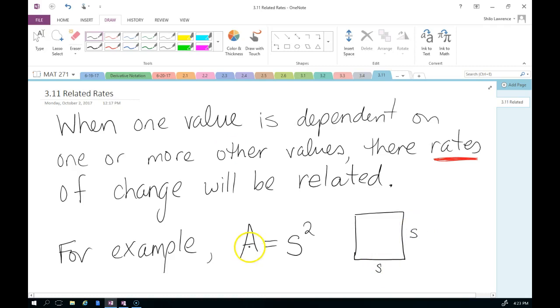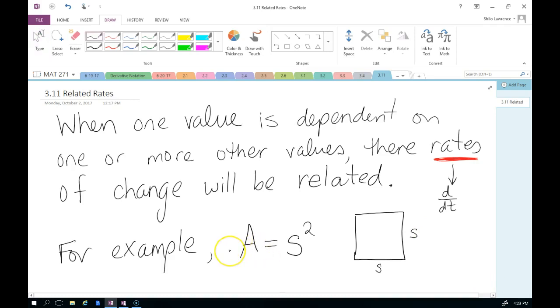So the area of a square is dependent upon the side length. So with rates, we are going to differentiate with respect to time, because we want to know how slowly or how quickly something is changing over time. That is always what rate is referring to, how fast or how slow.